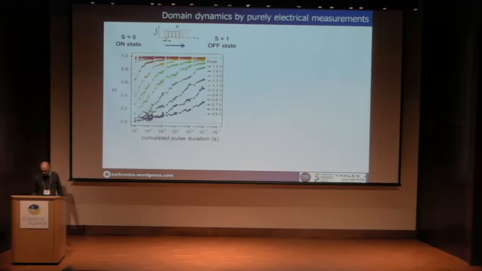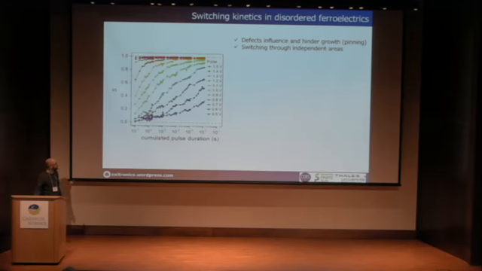To understand this effect, we followed what was done previously for thick ferroelectric films, especially by the group of Tagantsev, which considered that there are defects in the films that are limiting the propagation of the domain. So we have a very limited propagation of the domain during the switching.